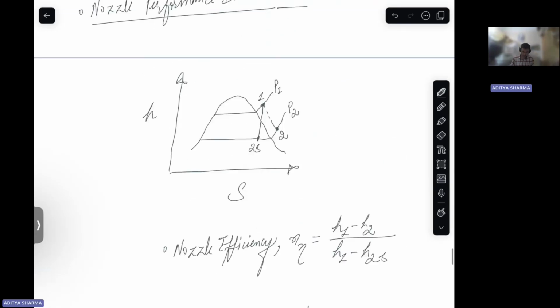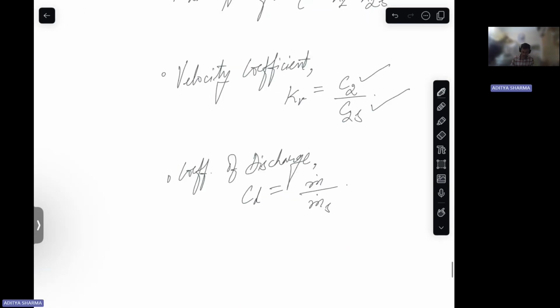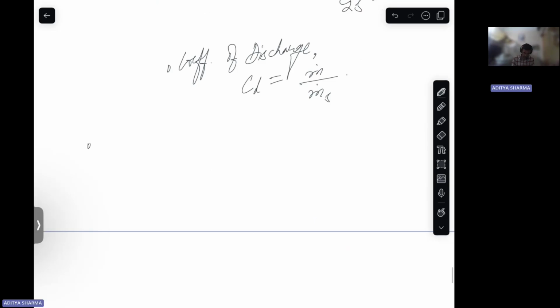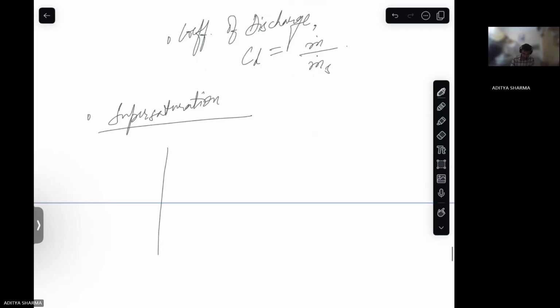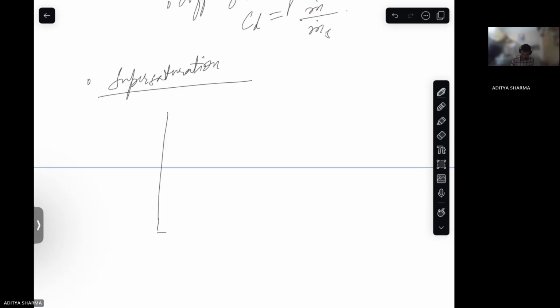Then there is discussion of supersaturation. So supersaturation we have discussed, but there are two parameters that we can discuss, or I can just jot down.